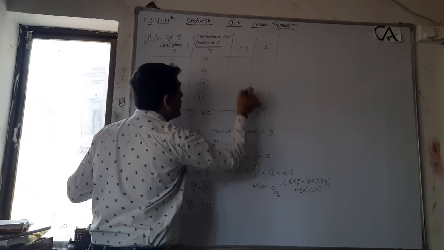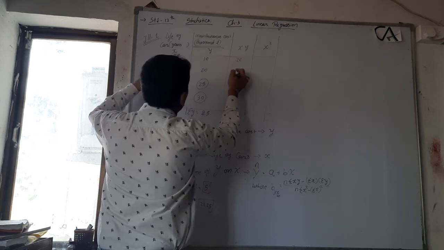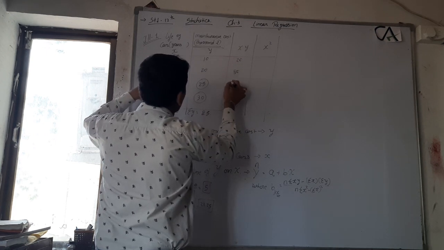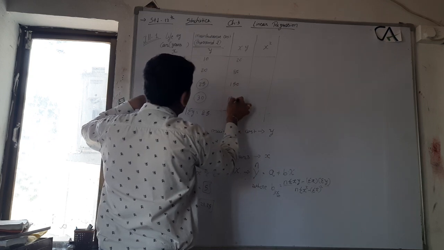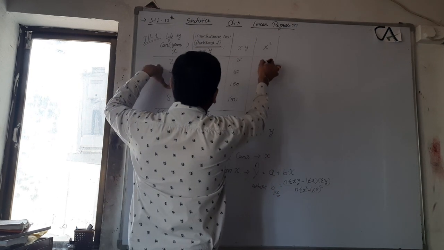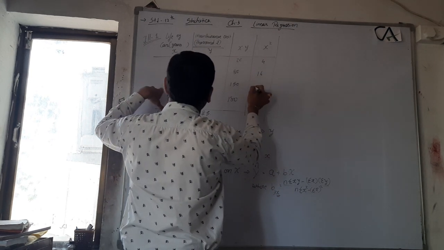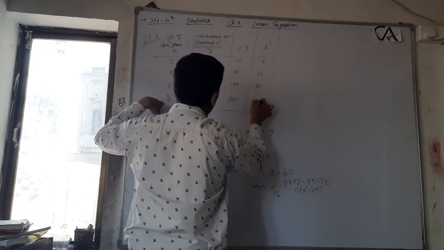So we have to take this xy. So 2 into 10, 20, 80, 150, 240. X square: 4, 16, 36, 64.